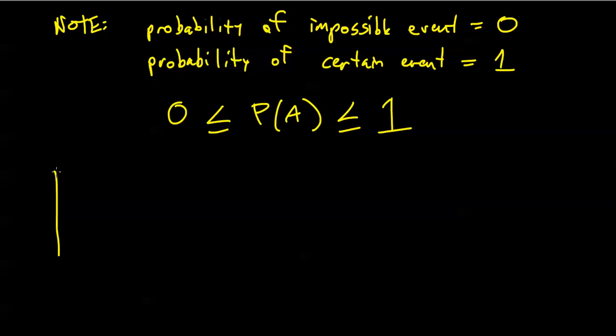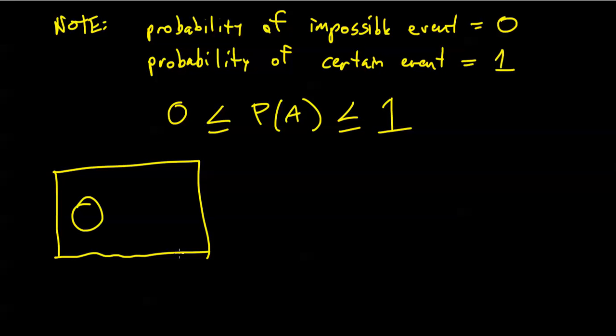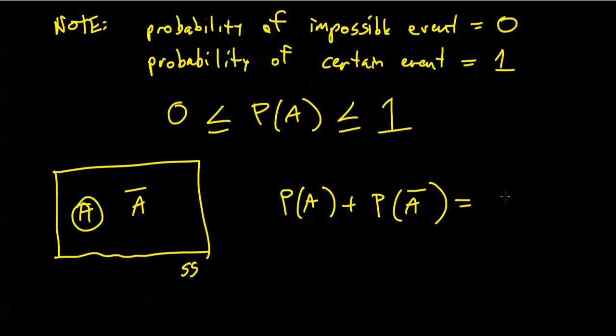All right. Regarding complements, if I've got some sample space defining some event A, and A bar is everything outside of A but still in the sample space, well, I think we can easily see that the probability of A plus the probability of A bar or not A must be 1. Right?